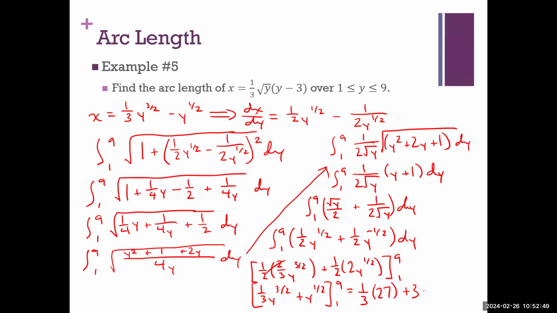Plus 3 minus... 9 plus 3 is 12, minus 1 is 11, minus 1/3 is 10 2/3. So 10 2/3, or 32 over 3.